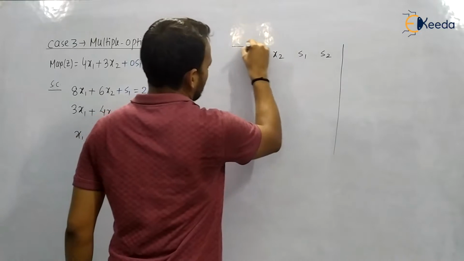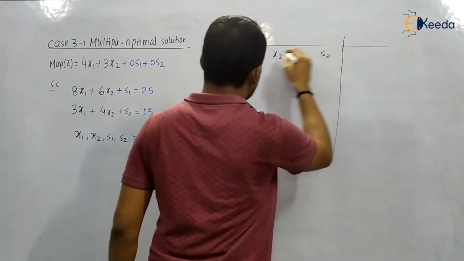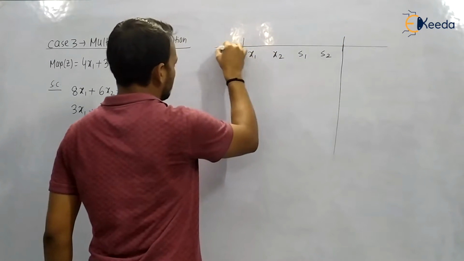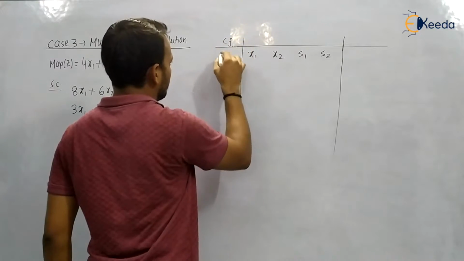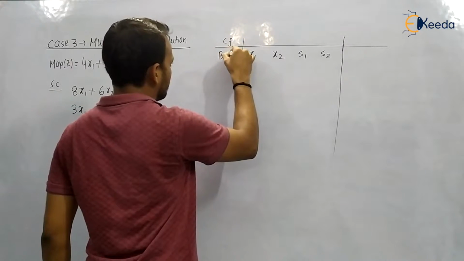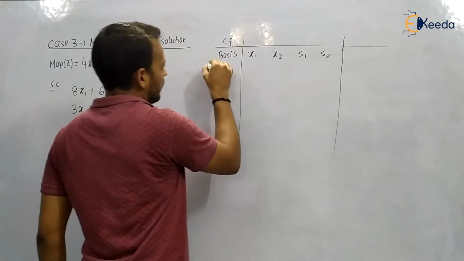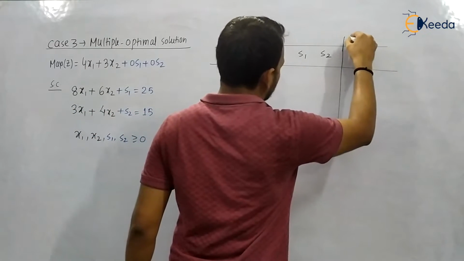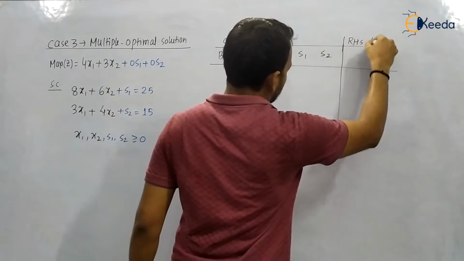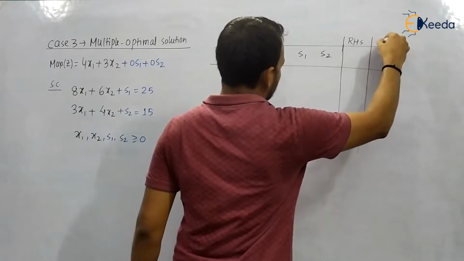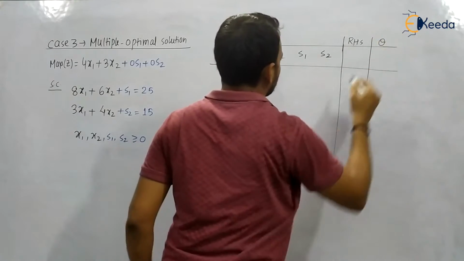Everything you know, just you have to see the condition. This is basis. Simplex method is a little bit tough, so you have to keep patience and solve the question.